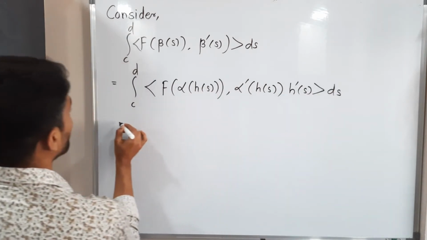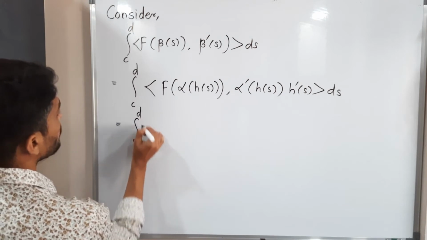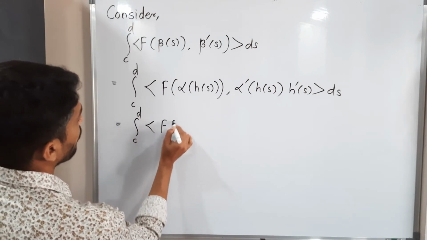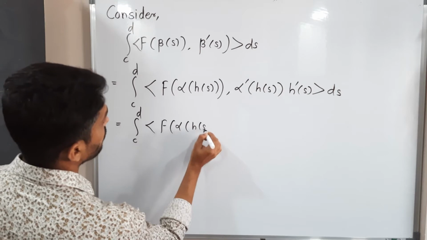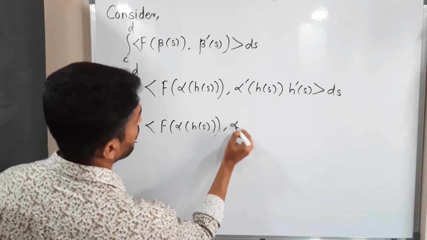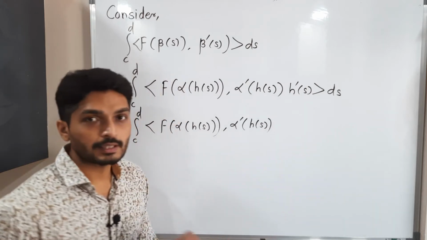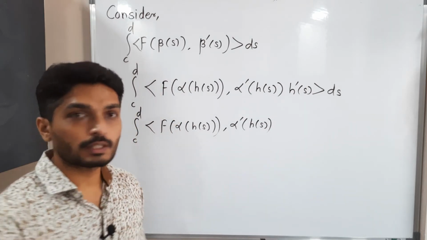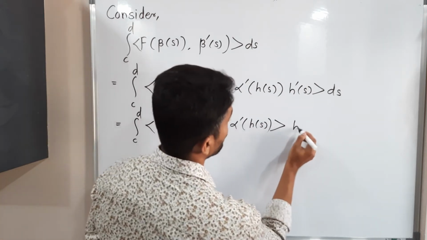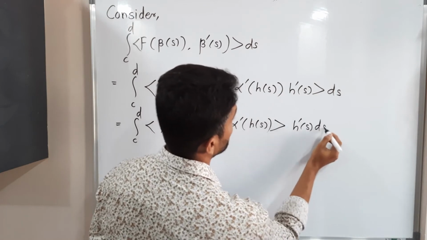So this is equal to integration c to d inner product of f of alpha of h of s, alpha dash of h of s. See, h dash of s gives a real number, so it will come outside the inner product. So h dash of s ds.